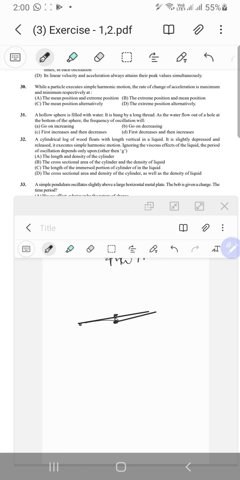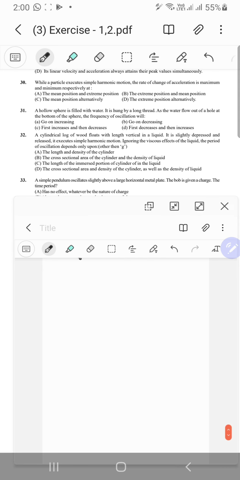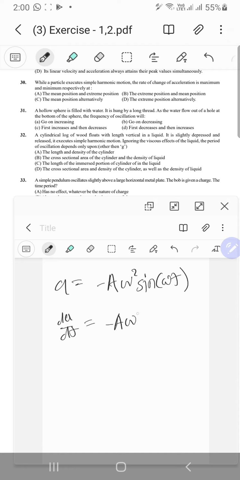Next, while a particle executes simple harmonic motion, the rate of change of acceleration is maximum and minimum at the... rate of change of acceleration. Okay, fine. We know acceleration is just negative a omega squared sine of omega t plus whatever constant is there, right? So dA by dt equals minus a omega cubed cosine of omega t.